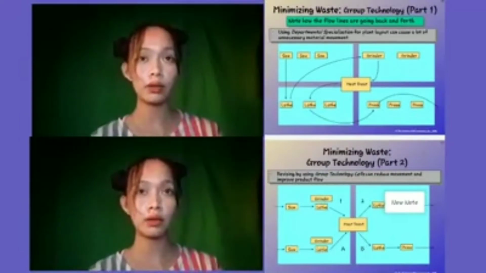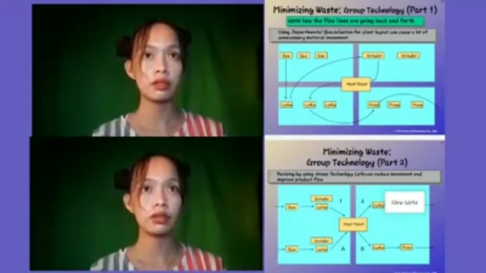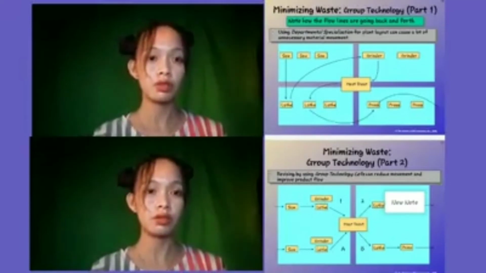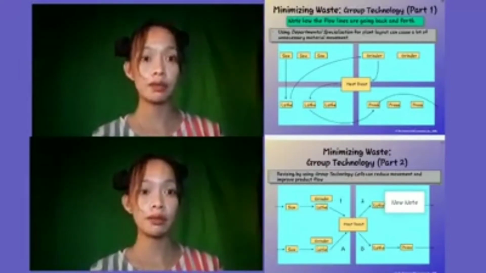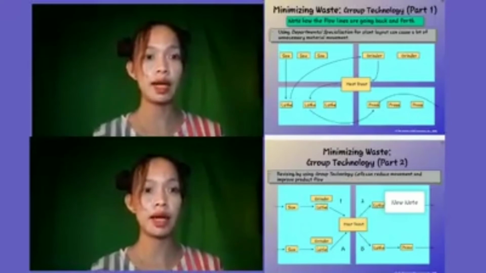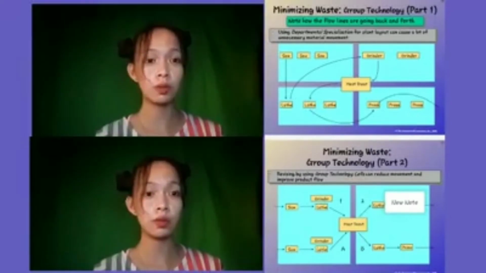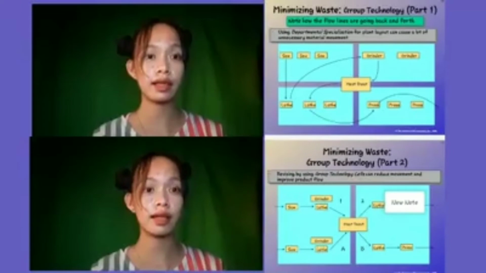So, nakalagay dito, using departmental specialization, plant layout causes a lot of unnecessary material movement. So, kumbaga, hindi dapat ganun yung movement, pero dahil nga sa pagkakaayos nung mga machine, makikita po natin dito may saw, may lathe, may grinder, may heat treat, at press.